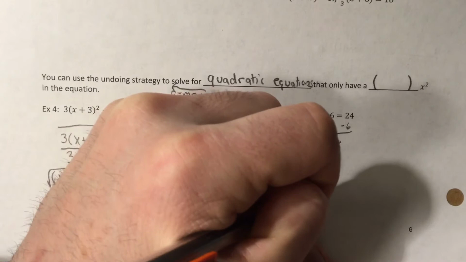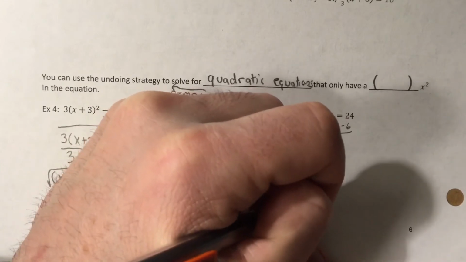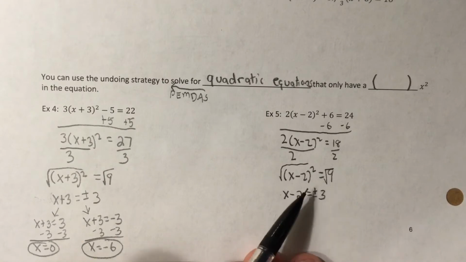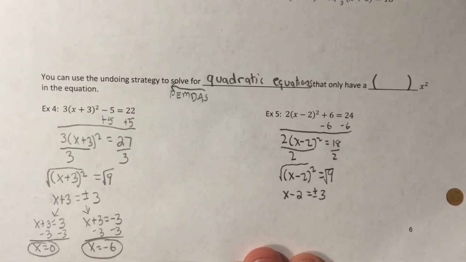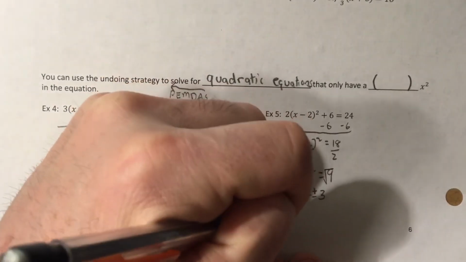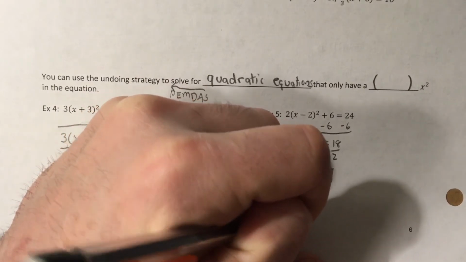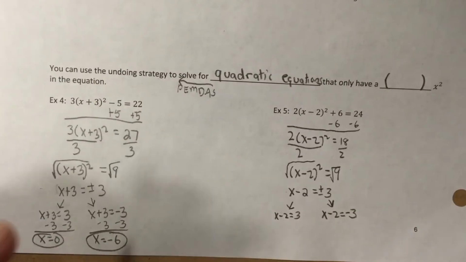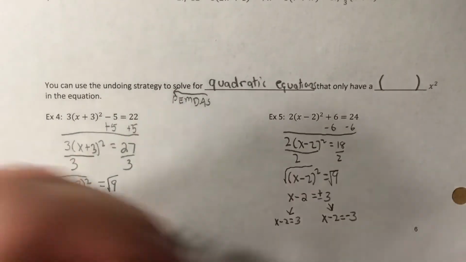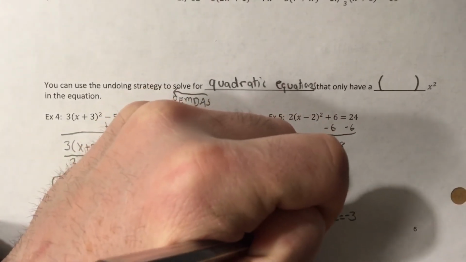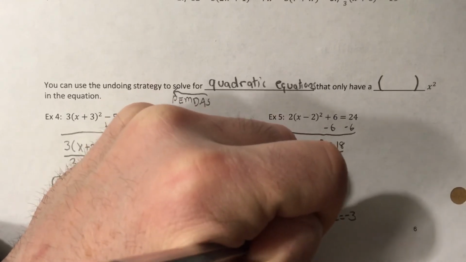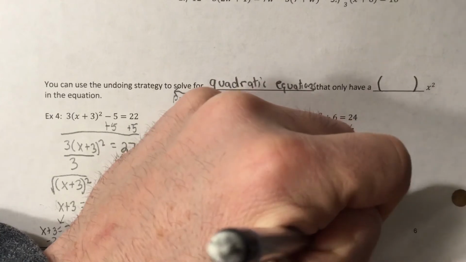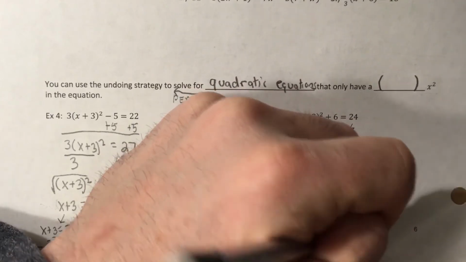I get x minus 2 equals 3, but again, I would need plus or minus 3 because I am taking the square root myself. So x minus 2 equals positive 3, x minus 2 equals negative 3. Again, I'm getting 2 answers. So I add 2, I get x equals 5, add 2, and x equals negative 1.